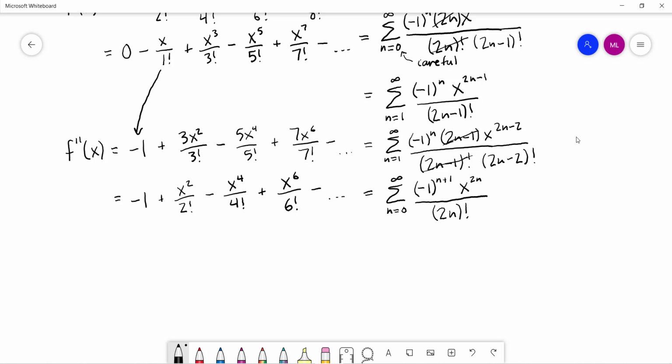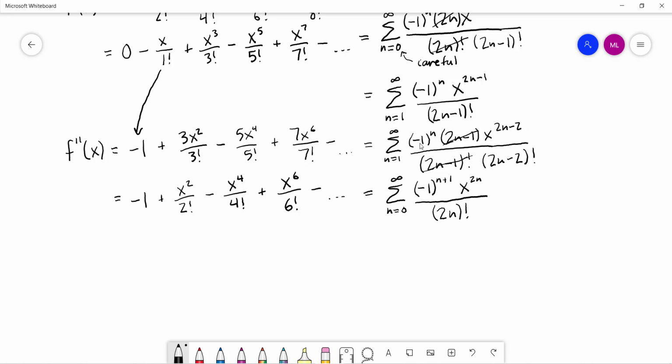So let's see how this compares. Basically what I'm suggesting is that when I plug in n equals 1 in this case, and when I plug in n equals 0 in this case, I want them both to spit out the first term that we got over here. I want them both to spit out basically the negative 1. So let's just verify that that happens. When n equals 1 here, this negative 1 to the 1 is going to be negative 1.